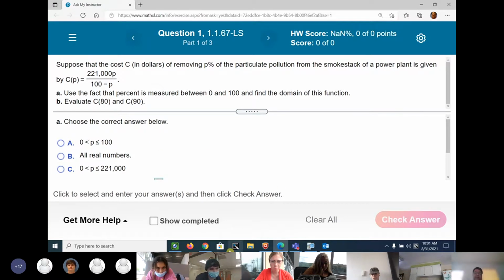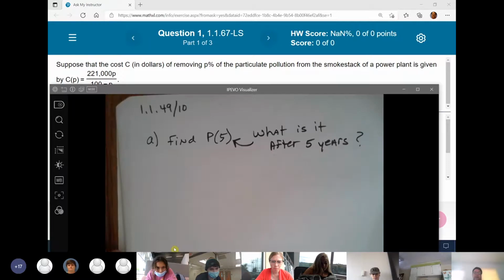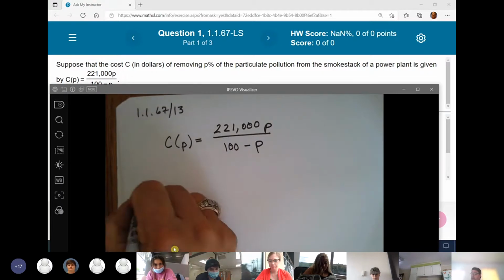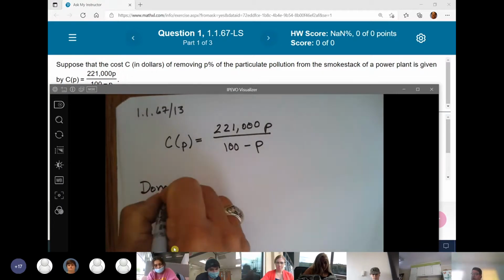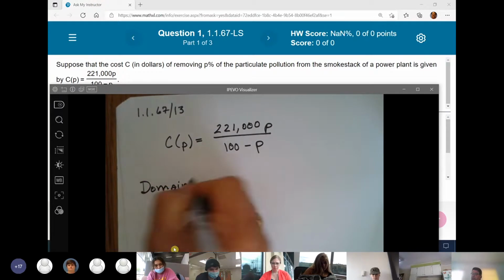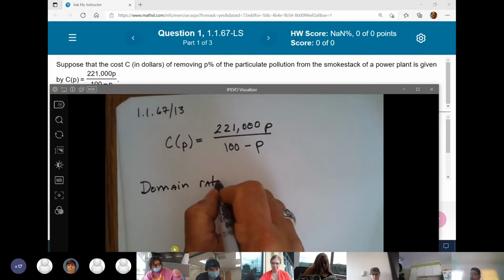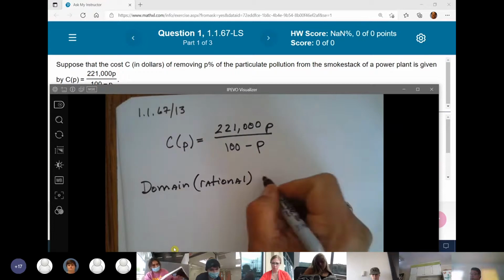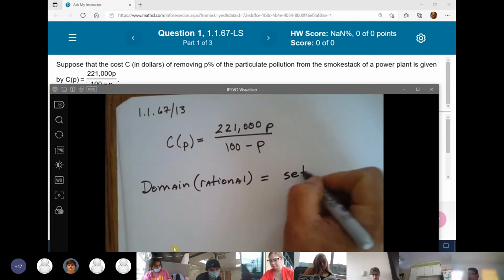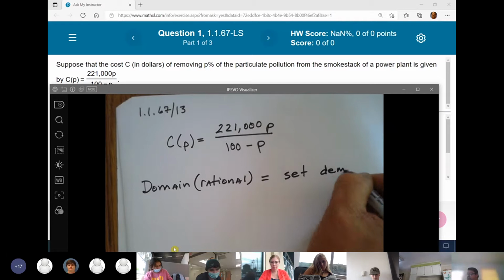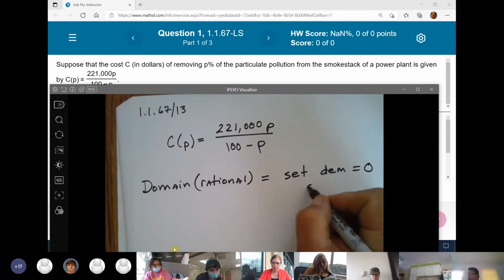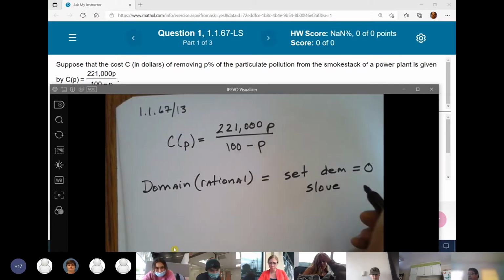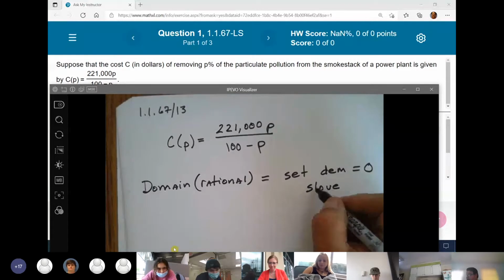So C of P is equal to 221 times P over 100 minus P. To find the domain of any function, especially a rational function, set the denominator equal to 0 and solve. Make sure you solve after you get through.